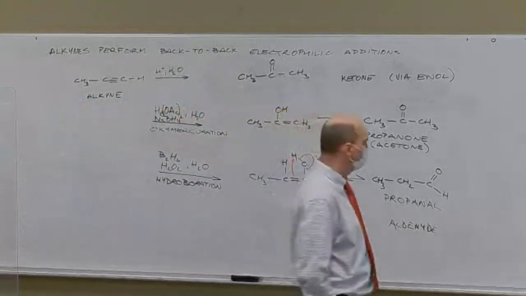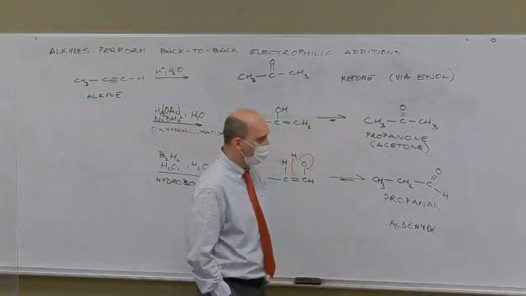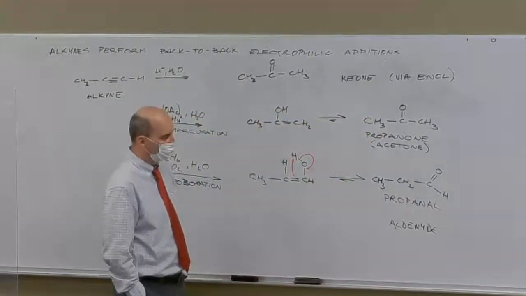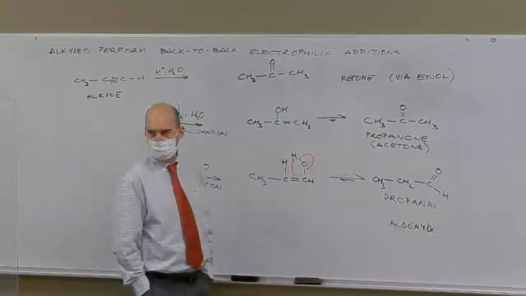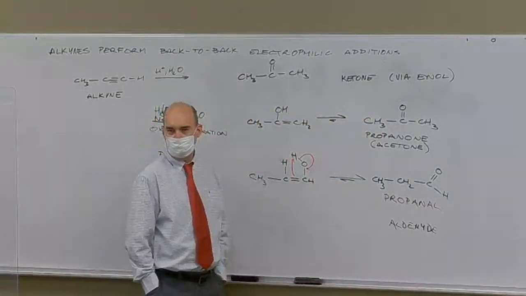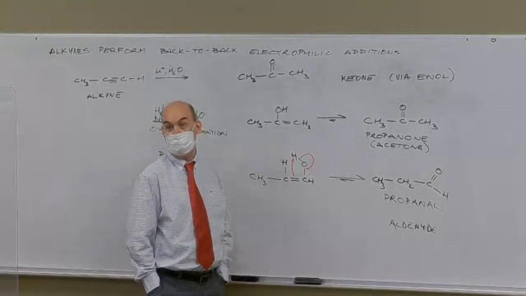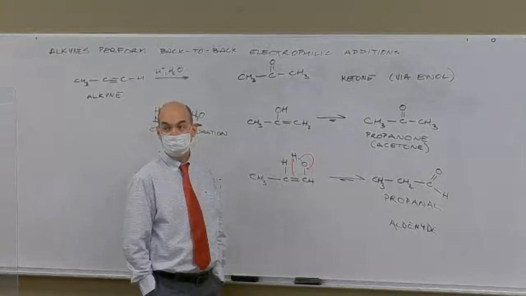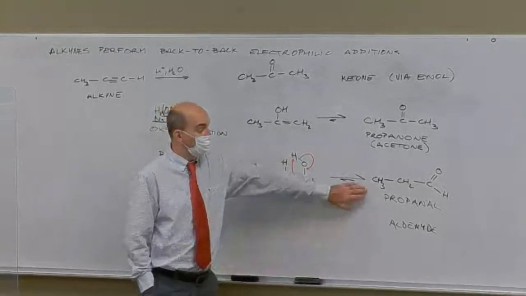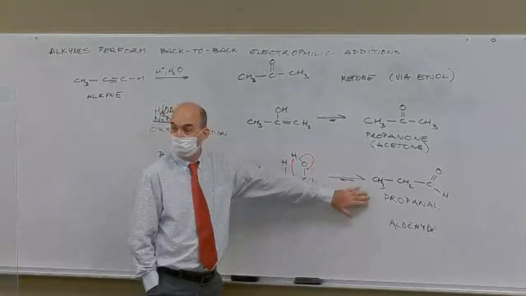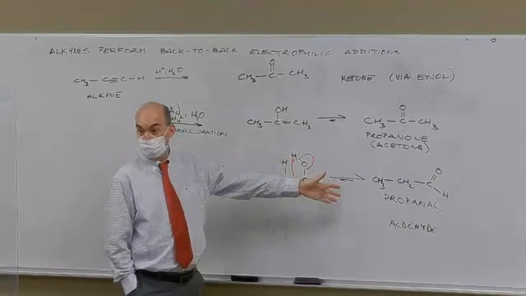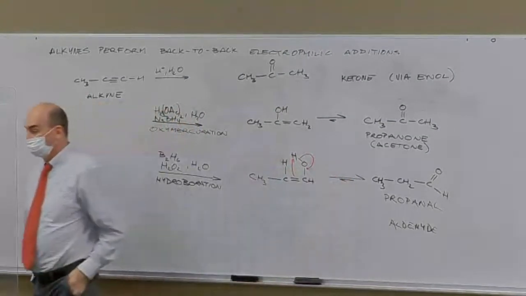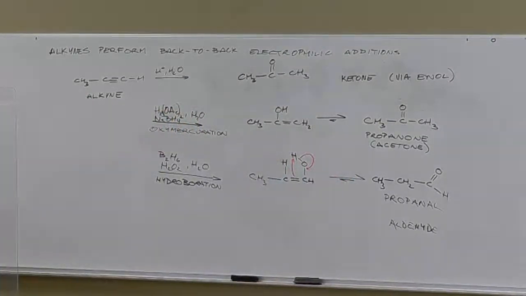But aldehydes are a little bit reactive in their own right, and so they have a bit more market value than alcohols or carboxylic acids. So this turns out to be a good thing. This unexpected rearrangement that we could have thought of as being a bad thing turns out to be okay. We're going to embrace it.